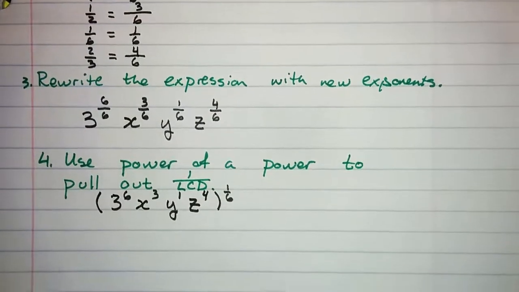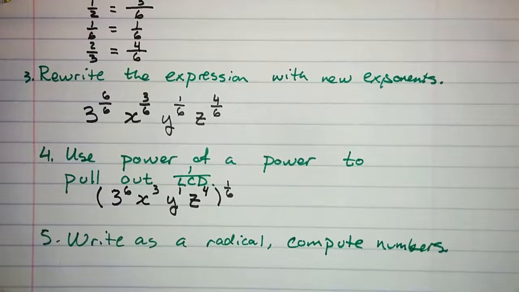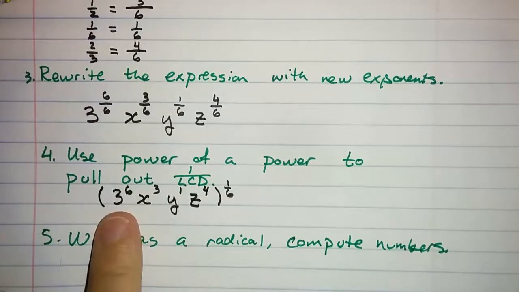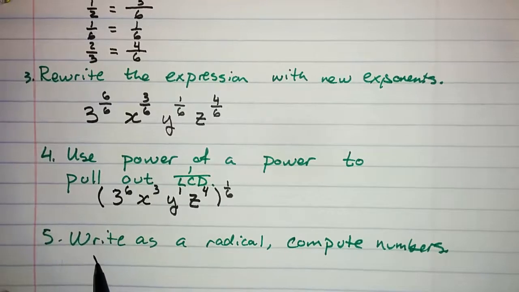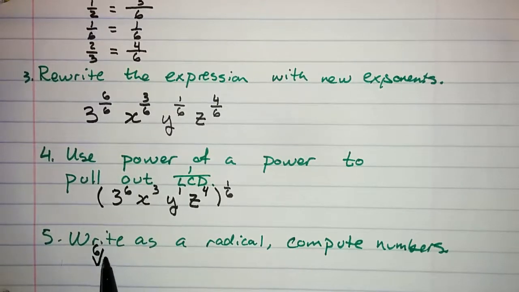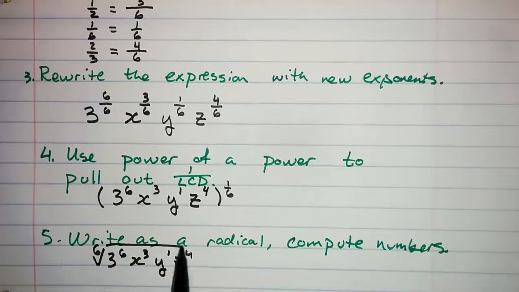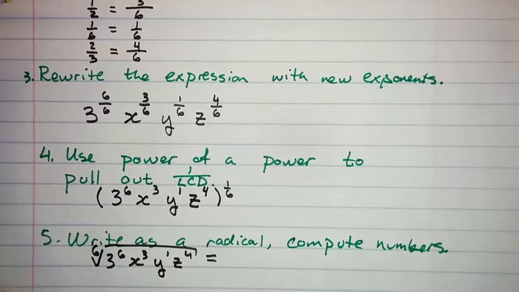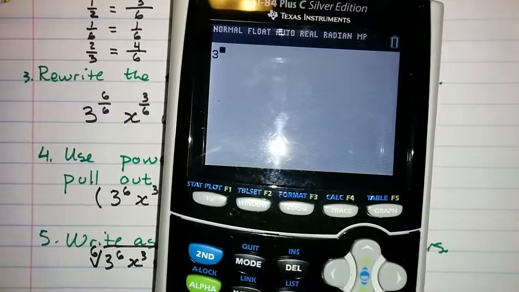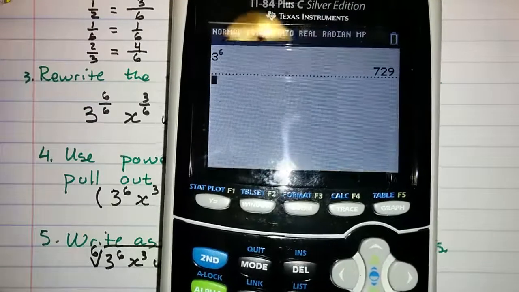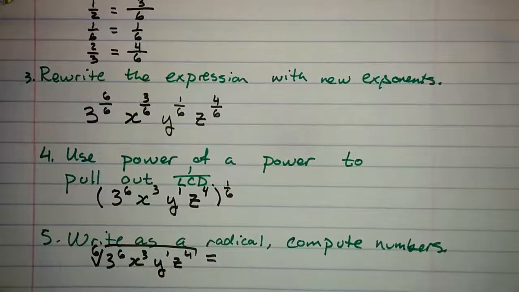And now we're pretty much done. We're going to write it as a radical, and we're also going to actually compute things with numbers, namely 3 to the 6th. We'll have the 6th root, 3 to the 6th, x to the 3rd, y to the 1, z to the 4th, and 3 to the 6th is 729.